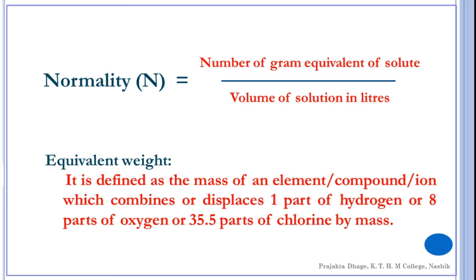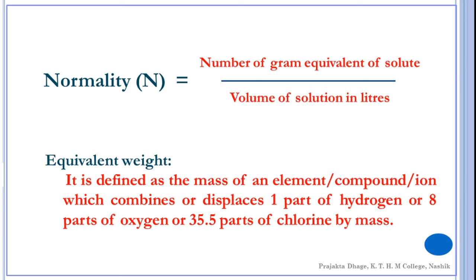Secondly, it can be used in redox reactions to determine the number of electrons that a reducing or an oxidizing agent can donate or accept. Thirdly, you can also use it for determining concentration in acid base reactions.